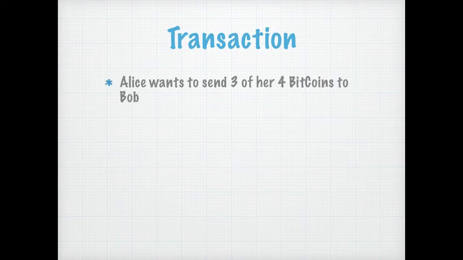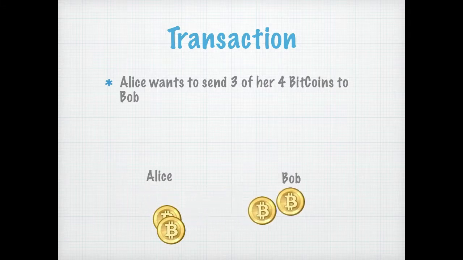To understand how Bitcoin actually works, we have to start by looking at the concept of money transactions using Bitcoins. So I'm going to start out with this example where we have Alice that wants to send 3 of her 4 Bitcoins to Bob, like this.